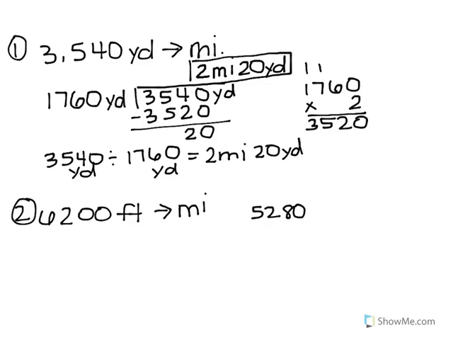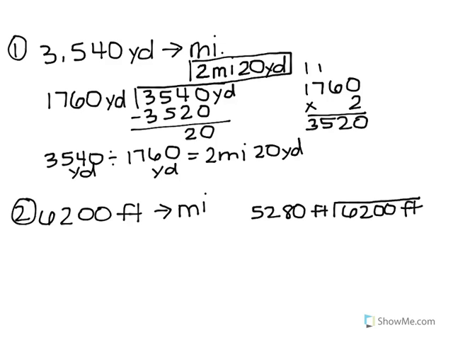5,280 feet. And I'm going to divide by 6,200 feet. Again, these are some really big numbers. Luckily, it begins with a 5. I know that if I double this, it's going to give me something close to 10,000, and I know that's not going to work.